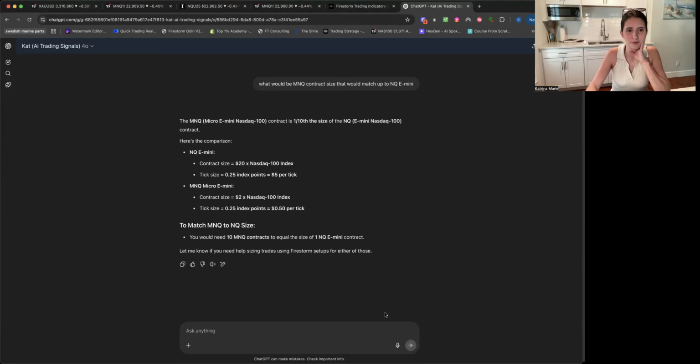And here you go. So 10 micro NQs would equal 1 NQ E-mini. And there you go. So this is the GPT. You can ask it questions. You can have it analyze your chart for you.